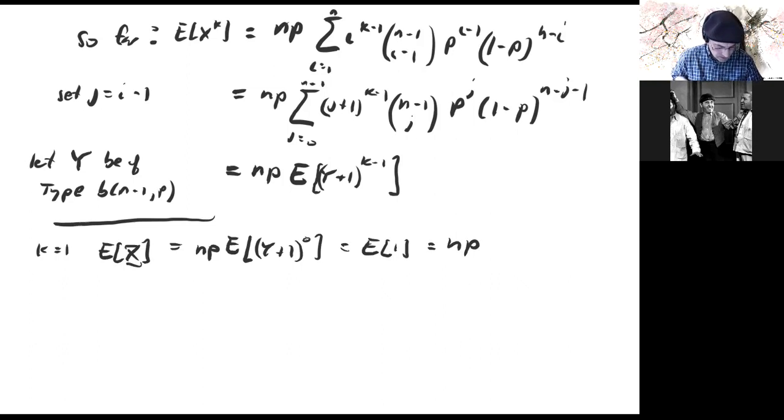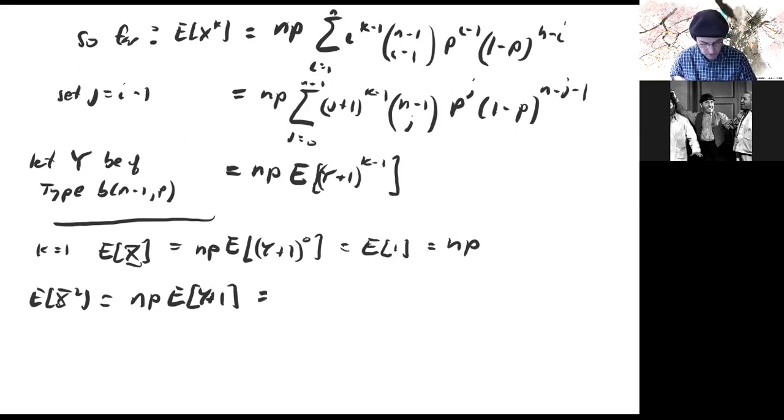Now let's compute the expected value of x squared. Well, if we use the formula, we get np times the expected value of y plus 1, where y is of type n minus 1, p. But what is the expected value of y plus 1? Well, it's the expected value of y, plus 1, by one of the formulas we had on expected value.